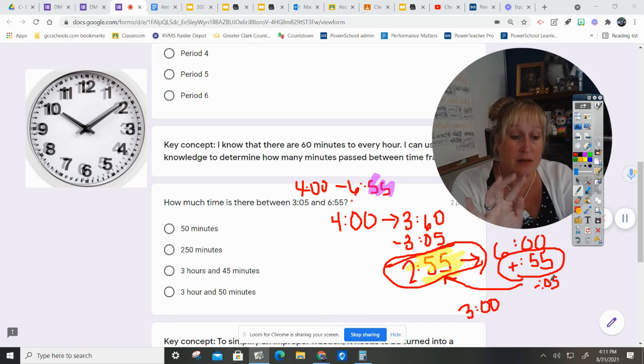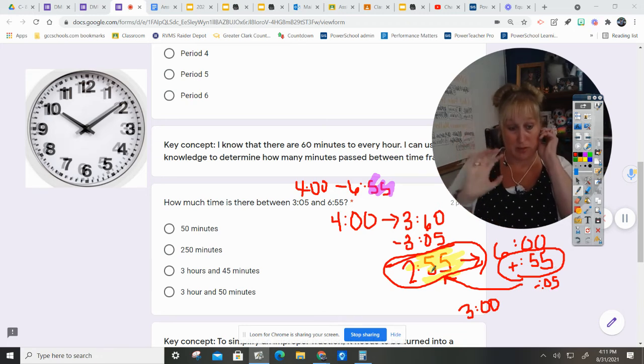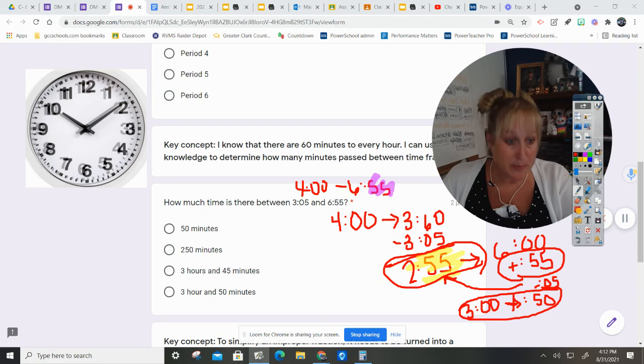Now 55 minutes minus the 5 minutes that I borrowed, I'm just moving around in my head. That will give me 50 more minutes. So I have 3 hours plus 50 minutes, and that'll get me there. So the answer is right here.